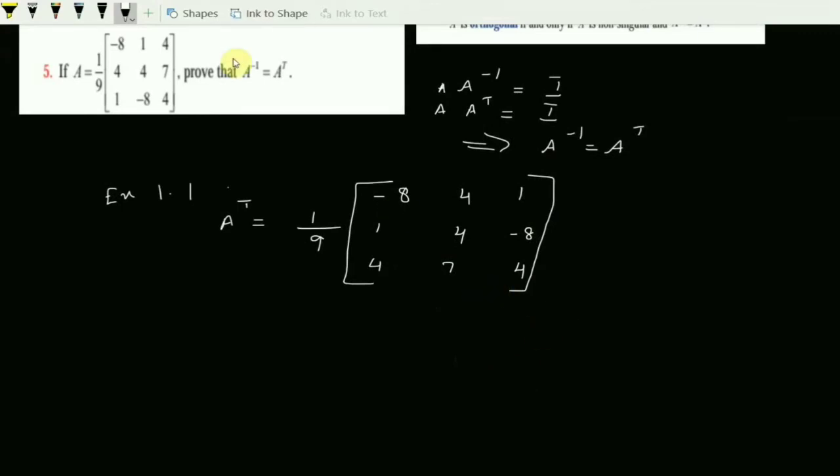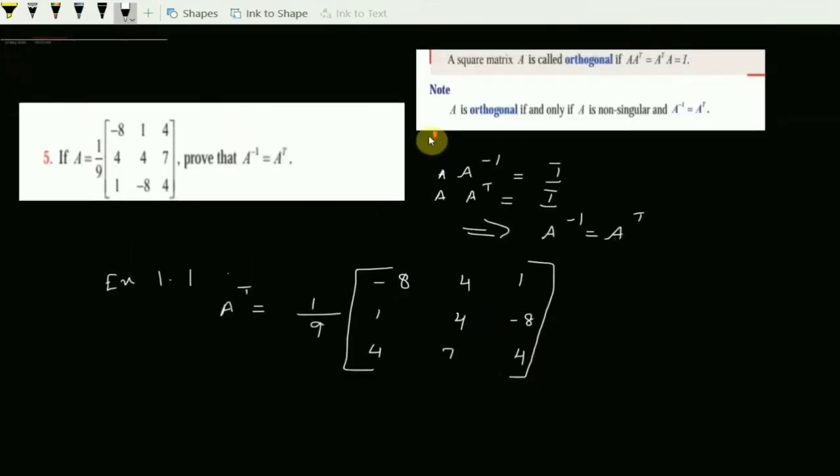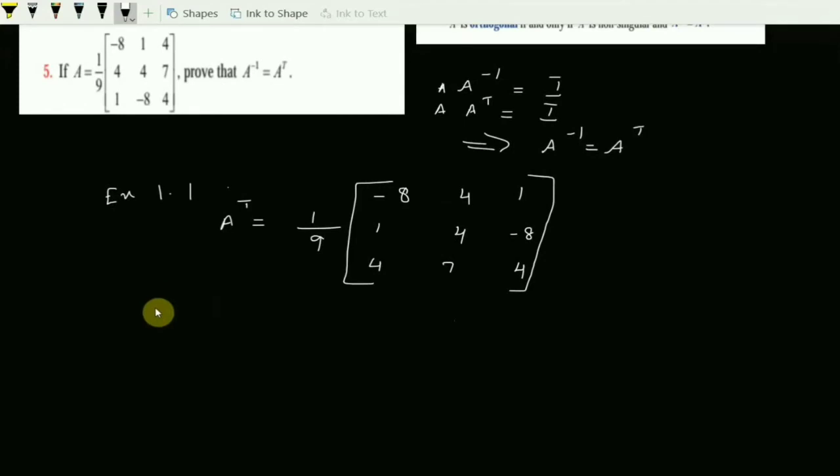Now we are not going to find A inverse at all. We are just going to prove A into A transpose is equal to I. We are going to check. So let us find A into A transpose. That means A is 1 by 9 matrix A. So what is matrix A?